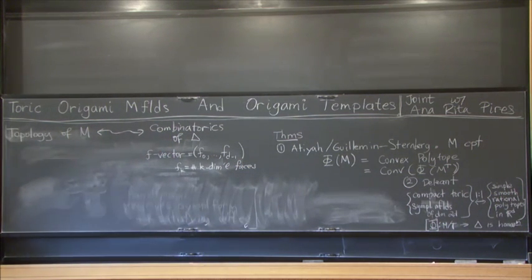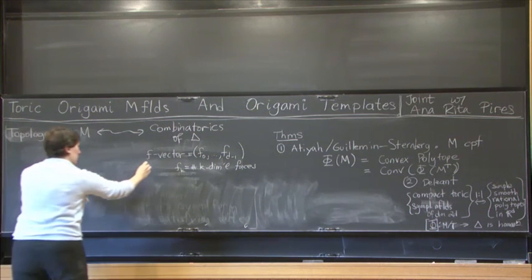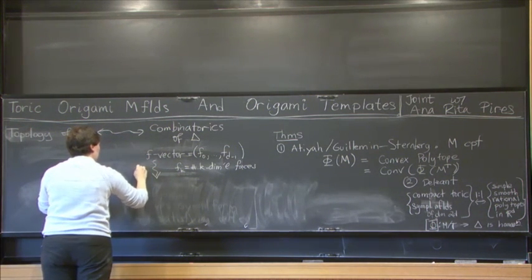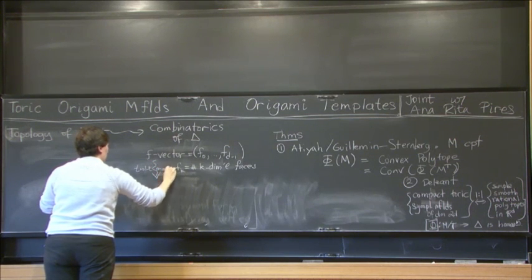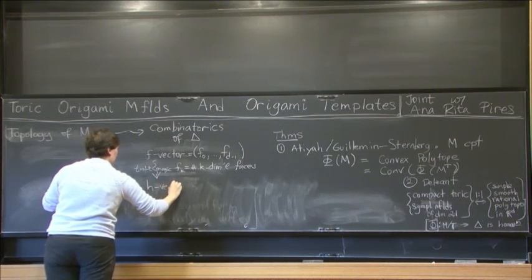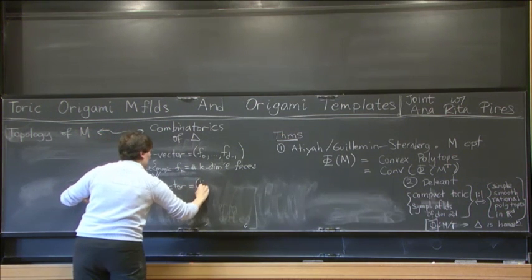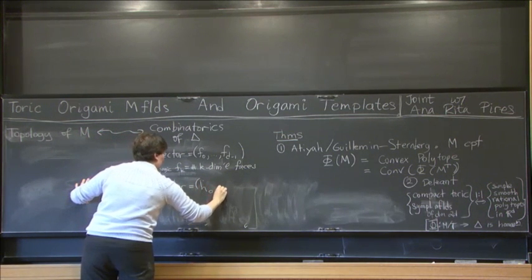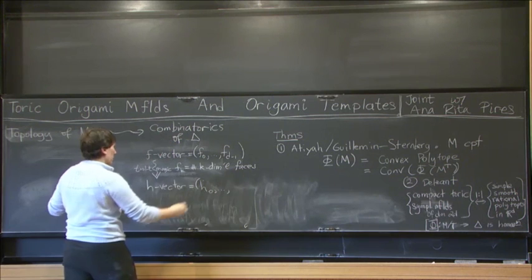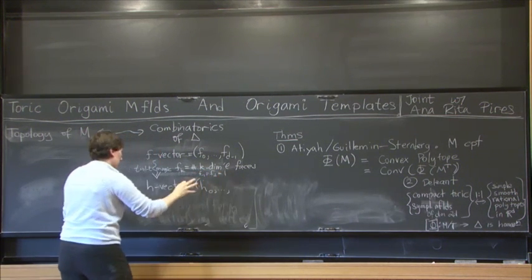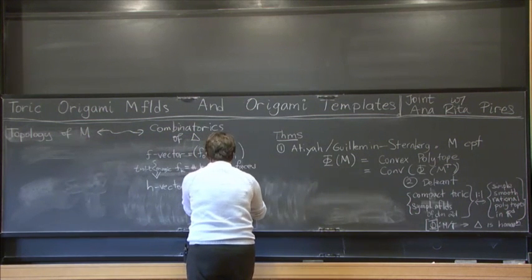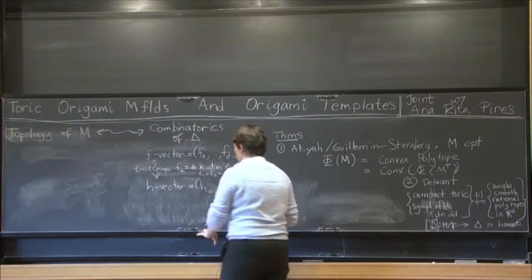And then if you put those in a generating function and change t to 1 minus t and multiply it all out, you get what's called the h vector. Or maybe you also have to call f minus 1 equals fd equals 1. In any case, you get an h vector, h0 up to hd.